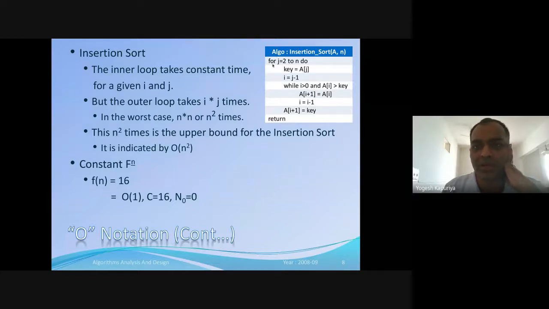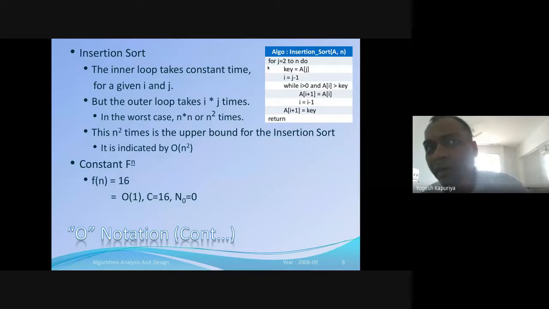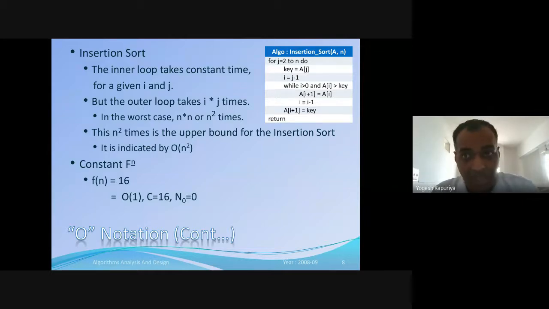We know that insertion sort means you take a key element, and that key element is compared starting from the last position, and if the element at that position is greater than the key element, then you shift that element to the right. At the point when you find the position where your key element can be put, you stop there and put the key element, and this is how you perform insertion sort.